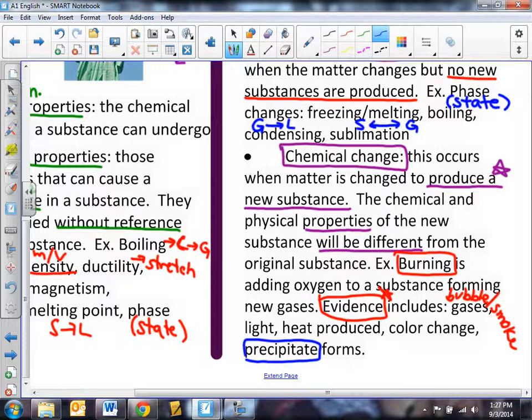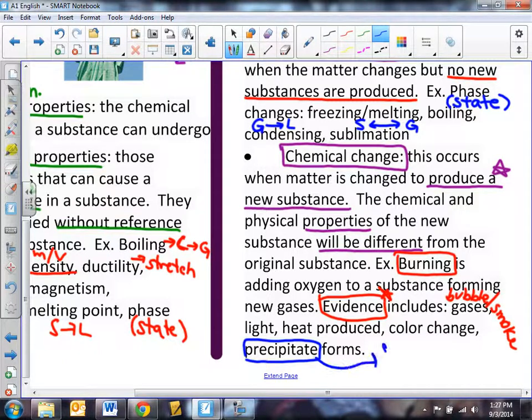I saw another hand up over here. Do you want to give it a go? Isn't it at the bottom of wherever there's like a solid? So the idea would be that something solid forms when you didn't have a solid to start with. So you mentioned at the bottom whatever you're mixing. So if I took two solutions and mixed them together and all of a sudden chunky bits started forming at the bottom, that is a precipitate.